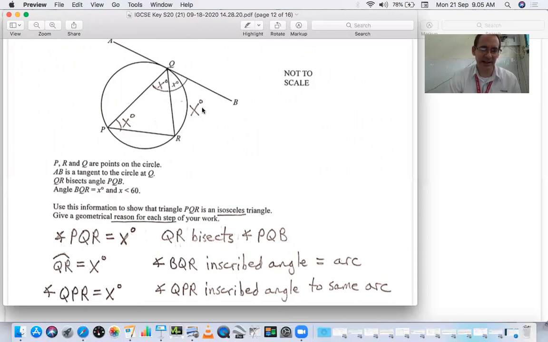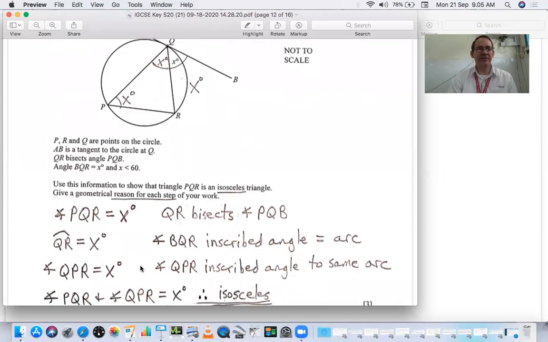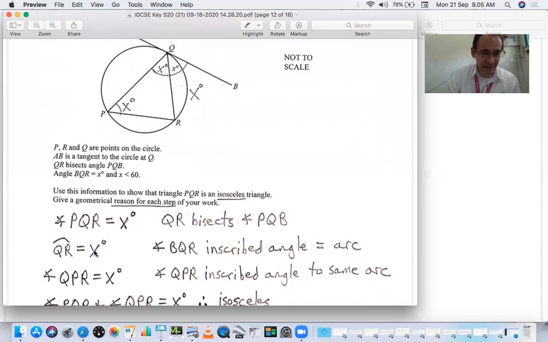QR bisects that angle. So this is correct. Now the second part is not correct. The answer ends up being correct, but I didn't mark it correctly. QR, this arc, QR should actually be 2x. I didn't write 2x, I just wrote x.